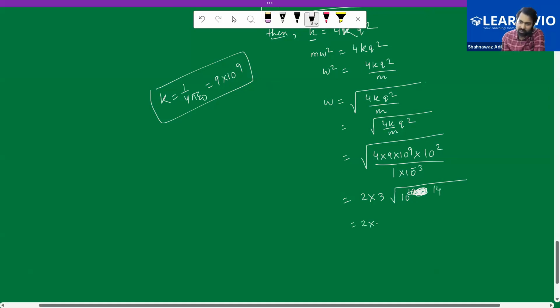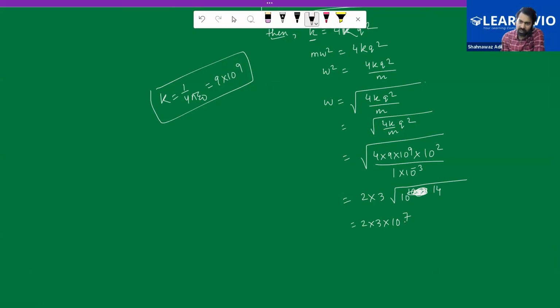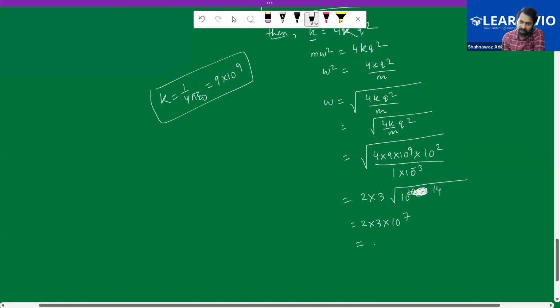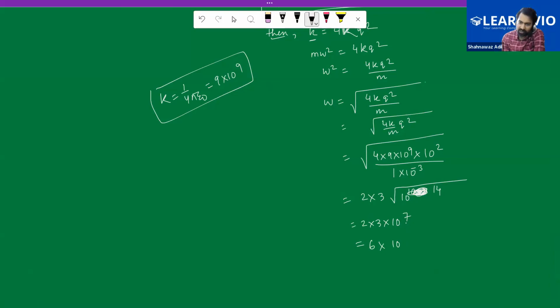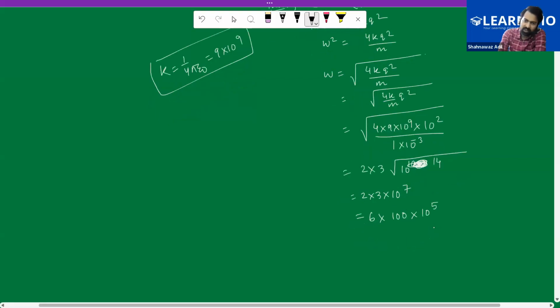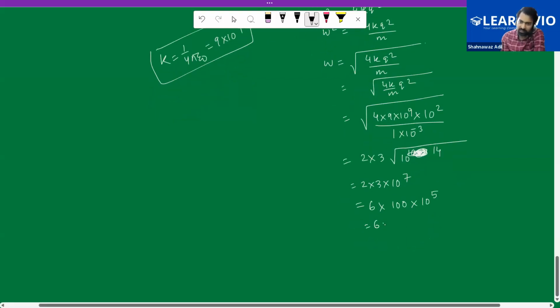This will become 10 to the power 7. And then this is 6. If I take one 10 from here, this becomes 10 to the power 5, so I'm getting 600.